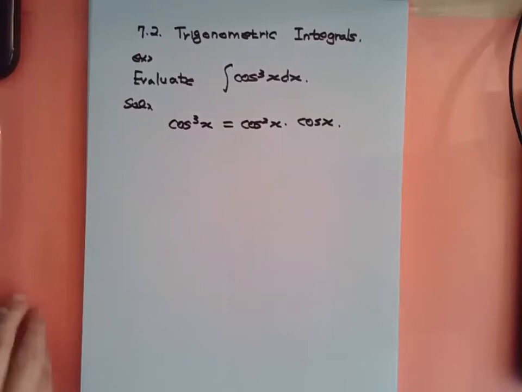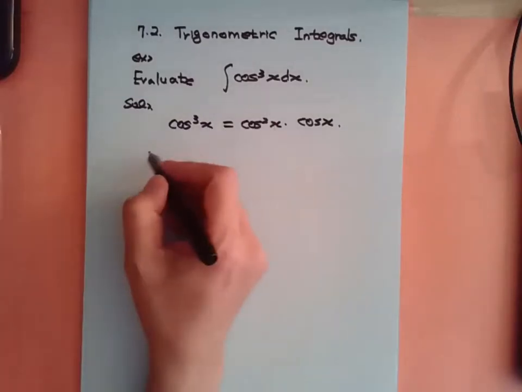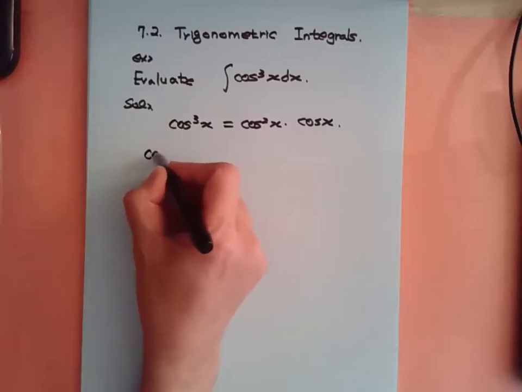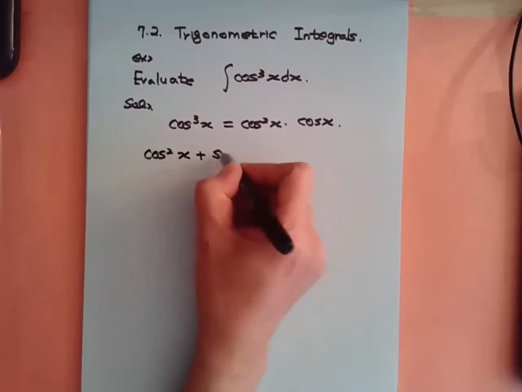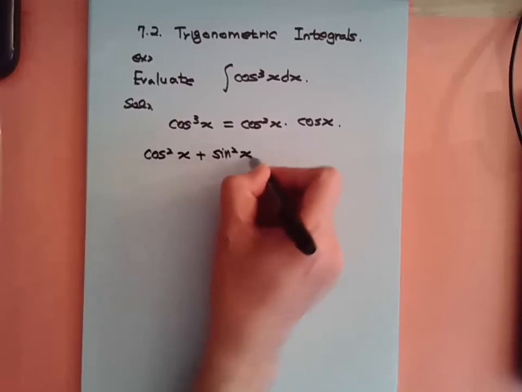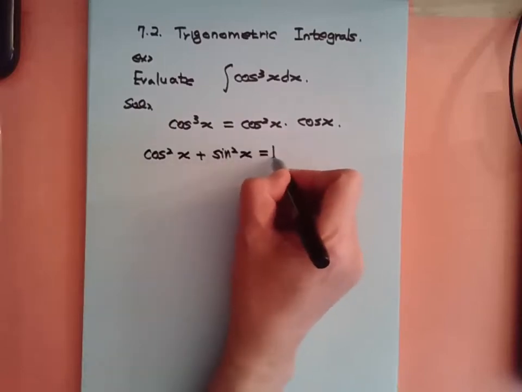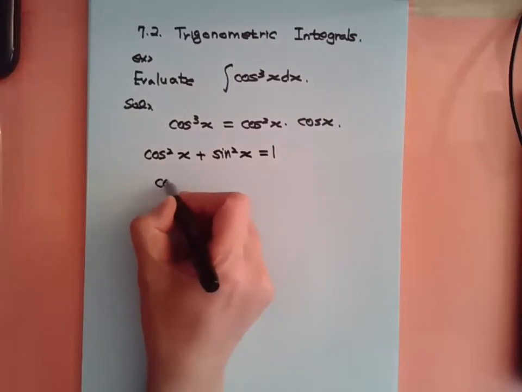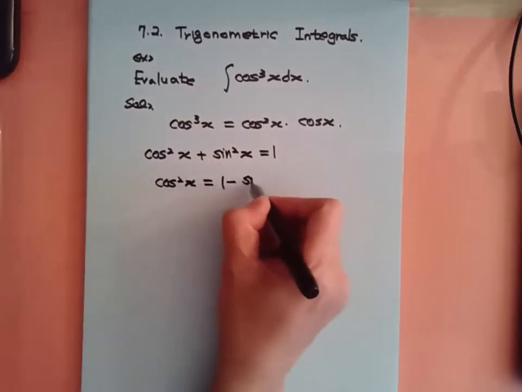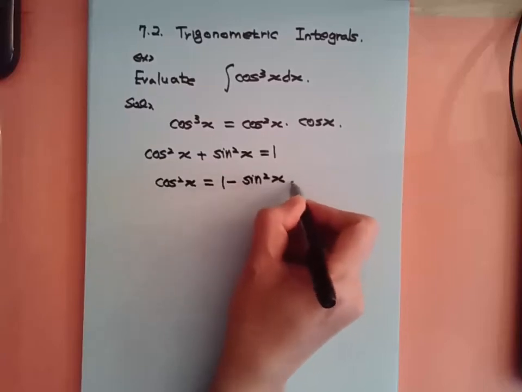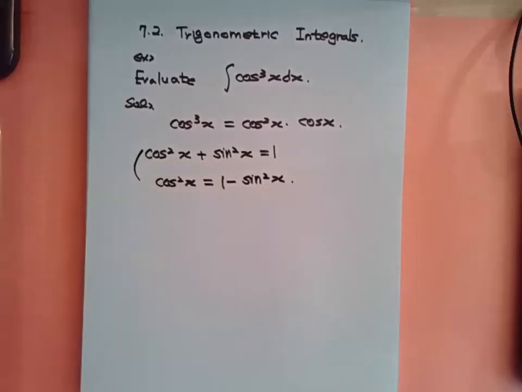The reason is, if you remember the Pythagorean formula from trigonometry course, cosine squared of x plus sine squared of x equals 1, and cosine squared of x equals 1 minus sine squared of x, right?